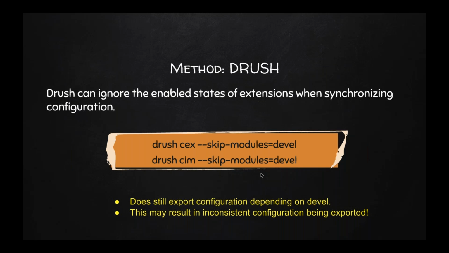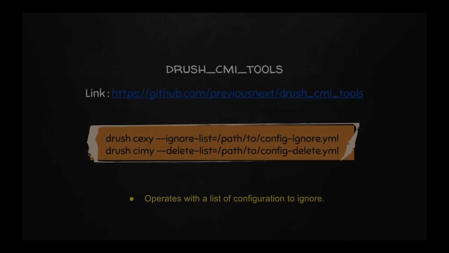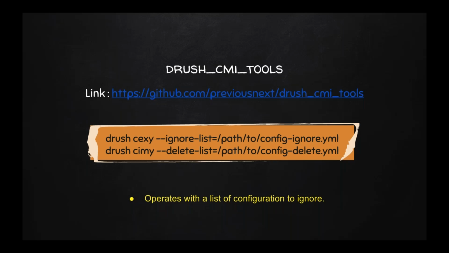So now how can we tackle this? For this, there is a tool called Drush CMI tools, created by Previous Next. They have created another flag called ignore-list, where you can specify in a list all the configuration which you want to ignore, and you can use drush cexy --ignore-list.